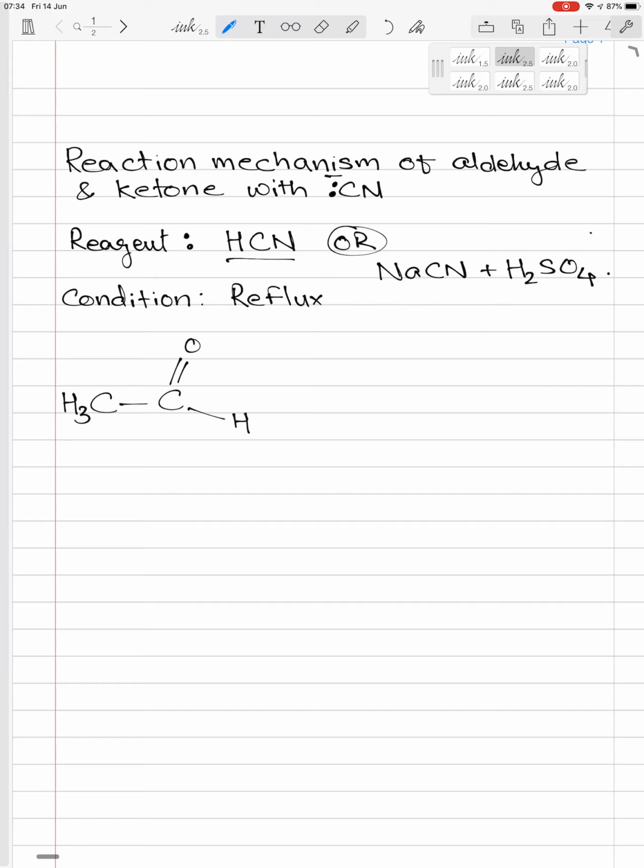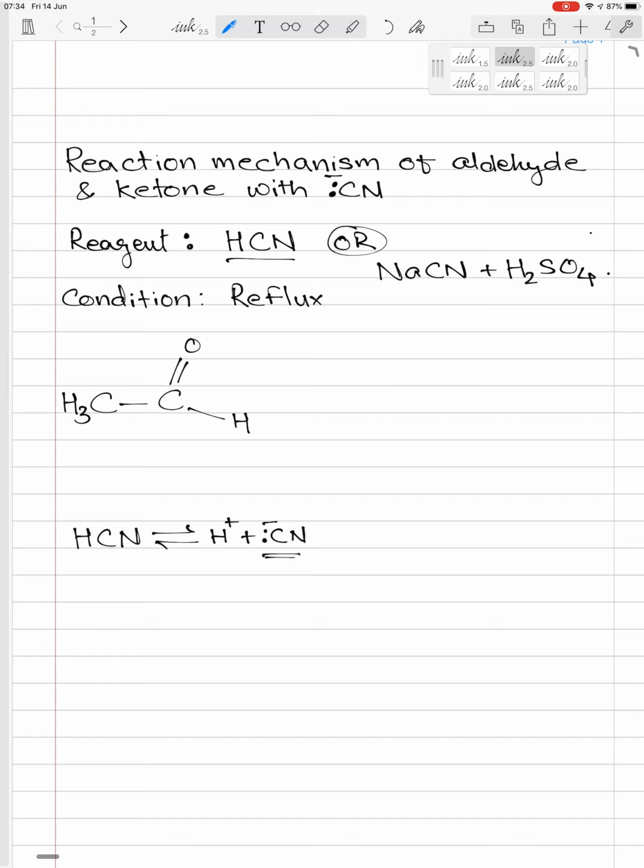The condition is reflux. Now if I look at the hydrogen cyanide, it's a weak acid. It dissociates partially to give out H plus and CN minus ion. Now this CN minus acts as a nucleophile because it has a lone pair of electrons which can be donated.